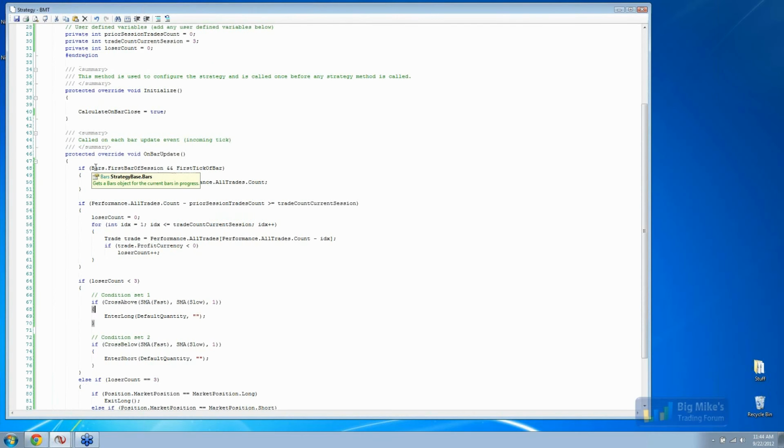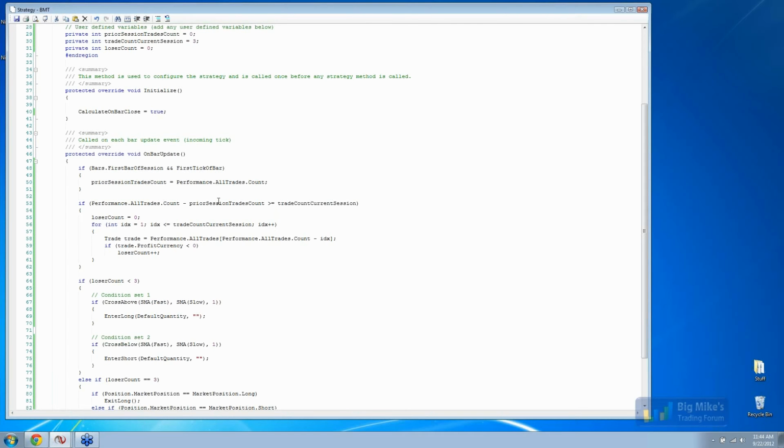So let's try and find what I may have done wrong here. If bars.first bar session and first tick of bar, that means we're restarting this prior session count. Okay, so we're setting that correctly.